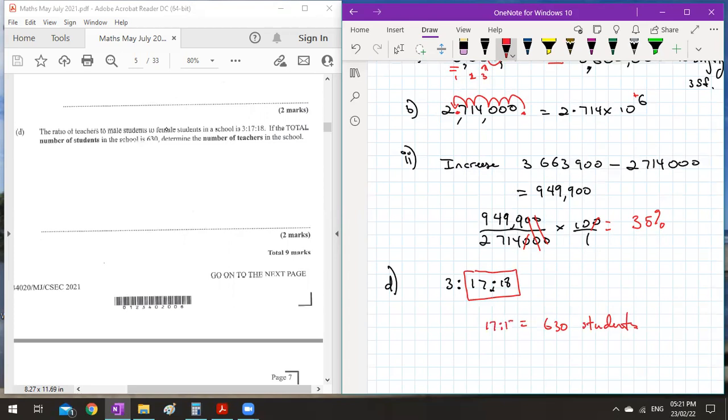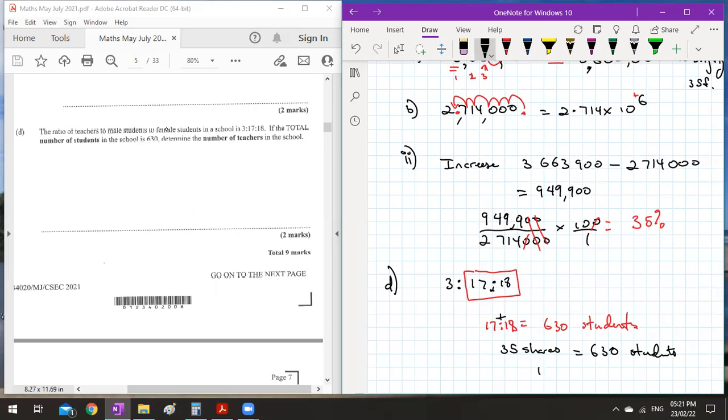How many parts do we have here? 17 and 18. So we have to add it. So we have 35 shares, you could consider it. So 35 shares is equal to 630 students. So we want to find how much one share would be.